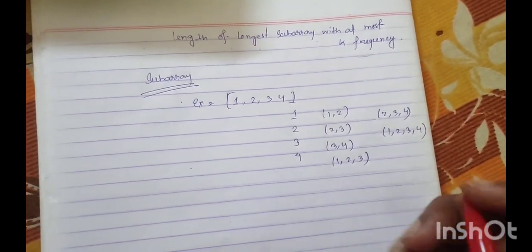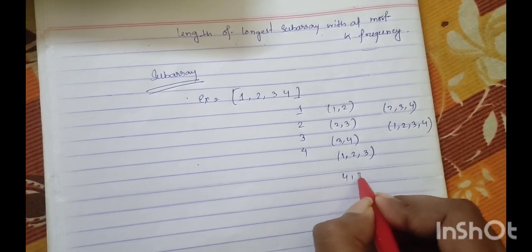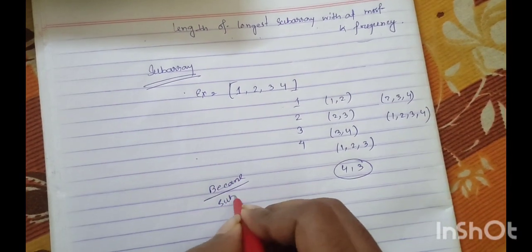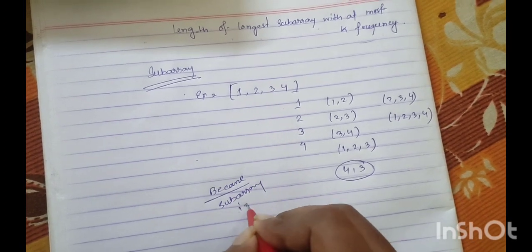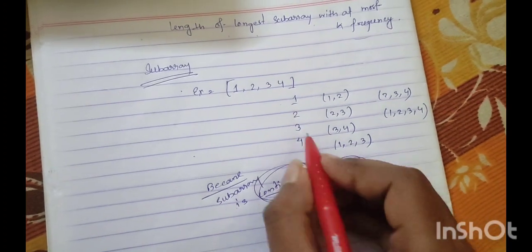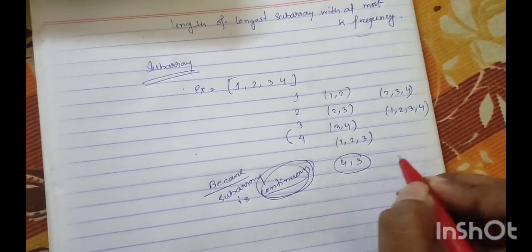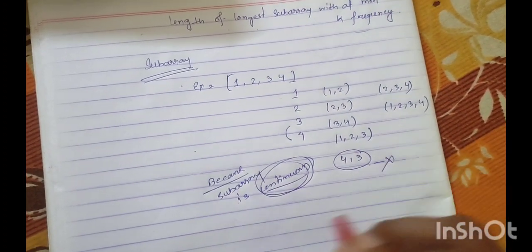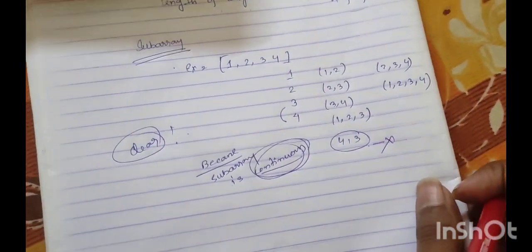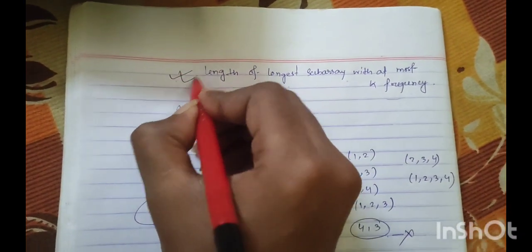But 4 3 is not a subarray, because a subarray is continuous, and 4 3 is not continuous. So 4 3 is not a subarray.